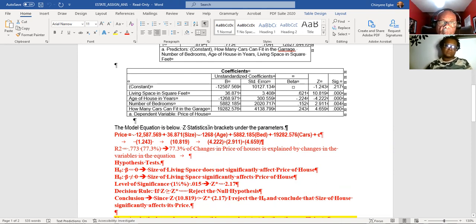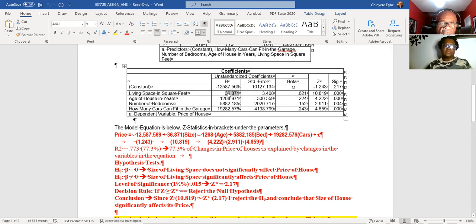For example, what you now have to do is to see this model here, which I set up for you. The constant is 12,587. And then the living space: for each additional inch of living space, the price of the house will increase by $36.